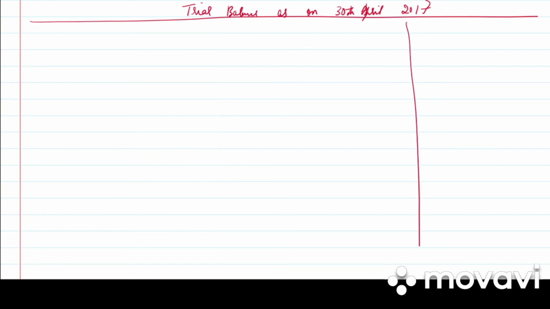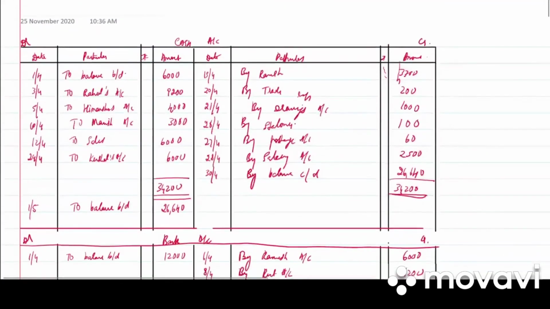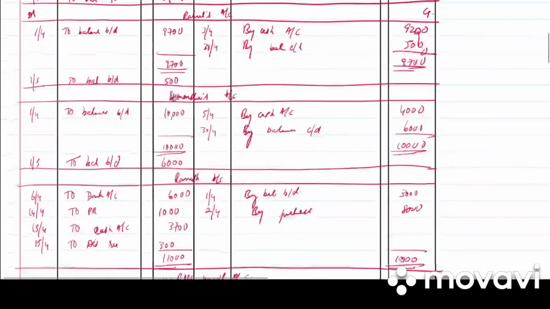After you have prepared the ledger accounts, the next step is to prepare the trial balance. So write down trial balance as on 30th April 2017. We have debit, credit. Go to your ledger account, which is the first ledger account, cash account. Cash account shows the debit balance of how much? 26,640.